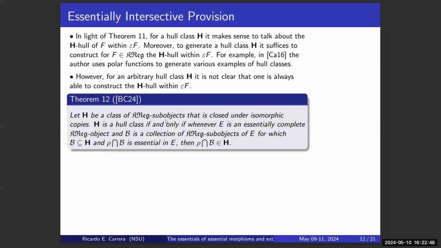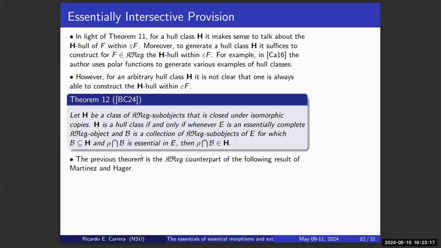So to understand how these things are related, it suffices to look at the subobjects within the absolute that belong to the Hall class and contain the canonical embedding of F in E of F. This is really what that's banking on, and so you can go ahead and show that that's the case. That's one way of proving it.